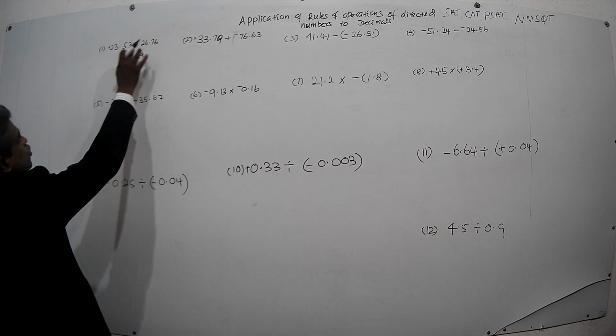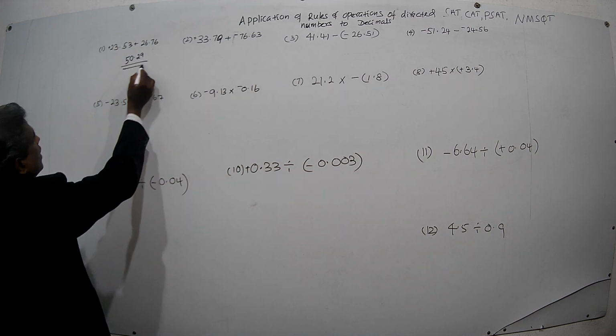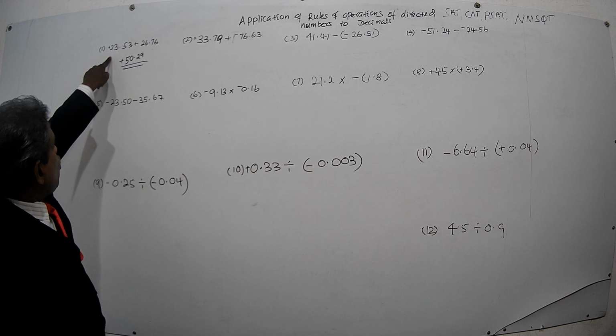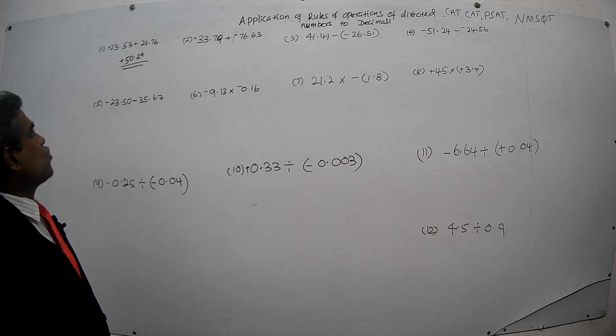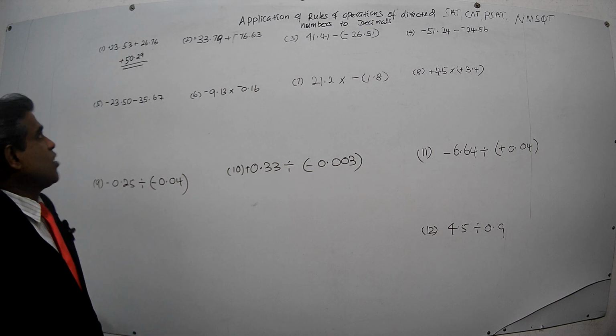Then 2 plus 2, 4, plus 1, 5. Then the answer is positive because we have added two positive decimal numbers. Numbers of the same signs are added and we put the same sign, plus. Here the same sign is plus. Now we go to the second one.